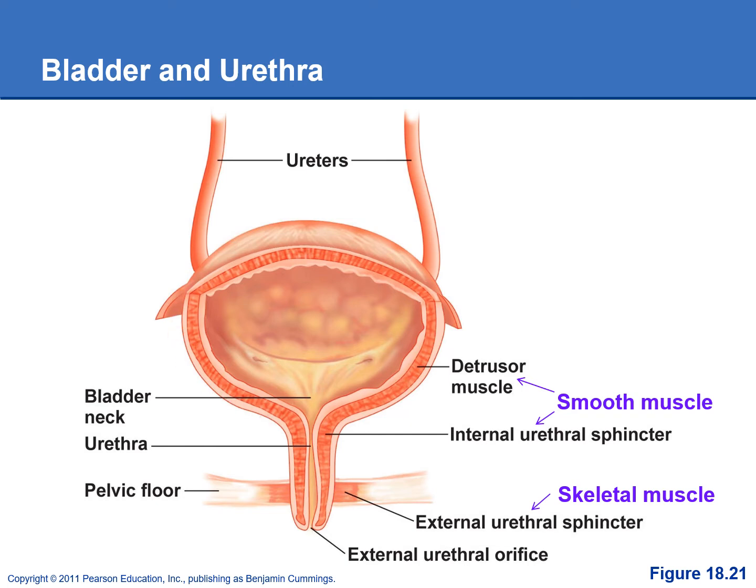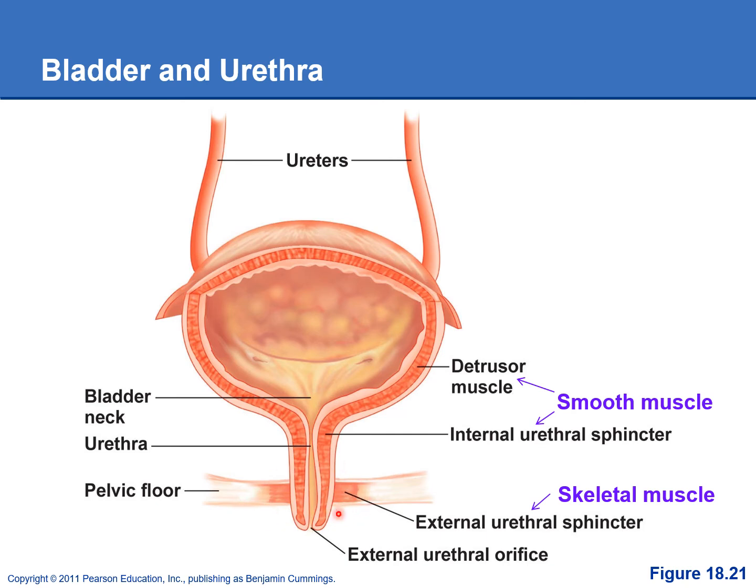And parasympathetic stimulation will cause the detrusor muscle to contract, and that will help squeeze the urine out of the bladder. And then we also have the internal urethral sphincter. So there's a circle of smooth muscle around the urethra here. And if we decrease sympathetic stimulation to the internal urethral sphincter, that will relax and allow the urine to start going down the urethra.